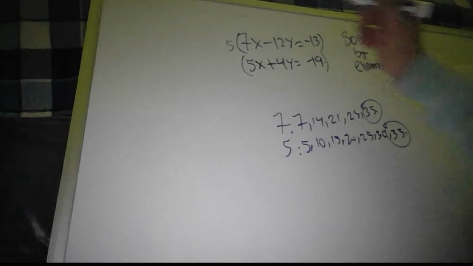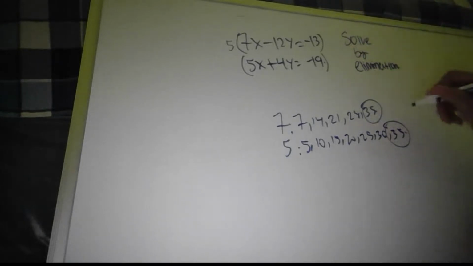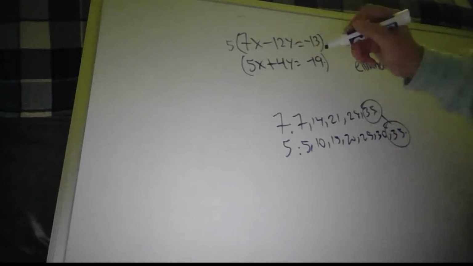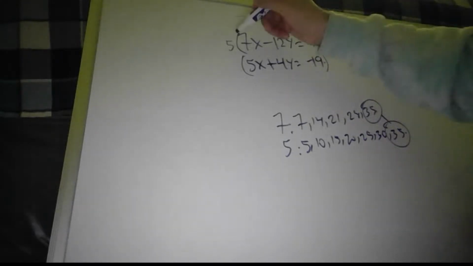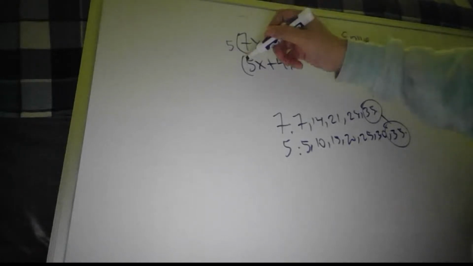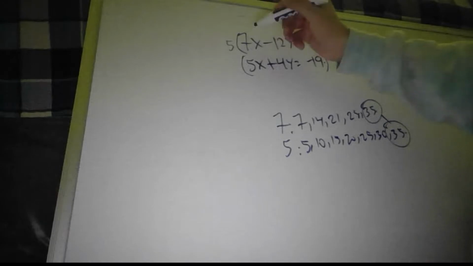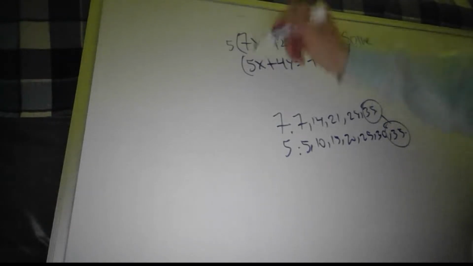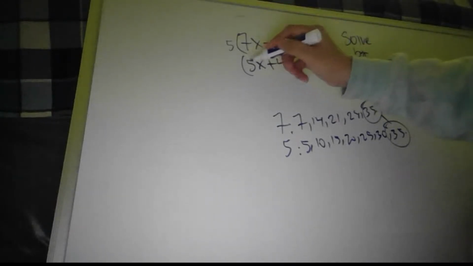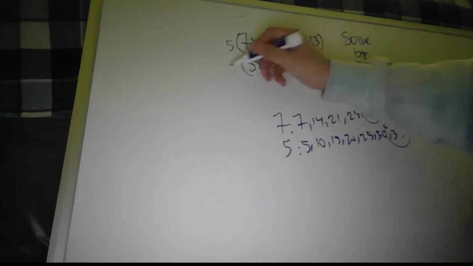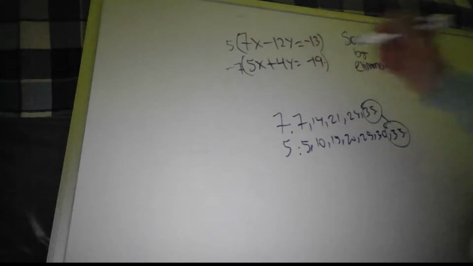So they both have a common factor of 35. Whatever you multiply this one by, you want to do the negative on the other one, okay? So 5 times 7 is 35, so to make the 35 cancel, we want to say negative 7 times 5x, right?